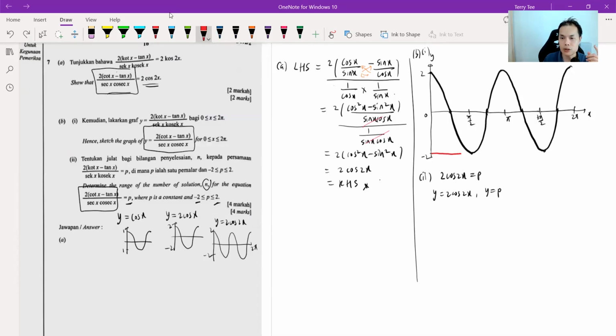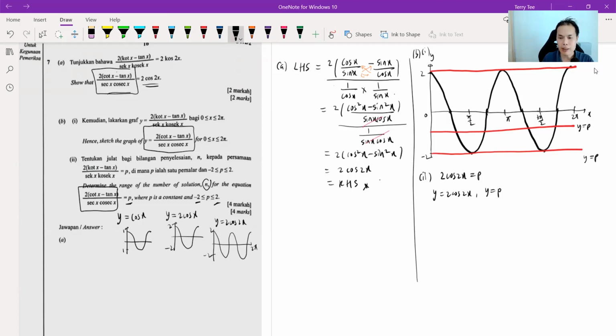Now, when I draw it here, you notice you will have exactly 2 solutions. If I draw it here, I will have 4 solutions. If I draw it here, I will have 3 solutions. So meaning your y equals p can be anywhere between -2 and 2, can be here, or here.